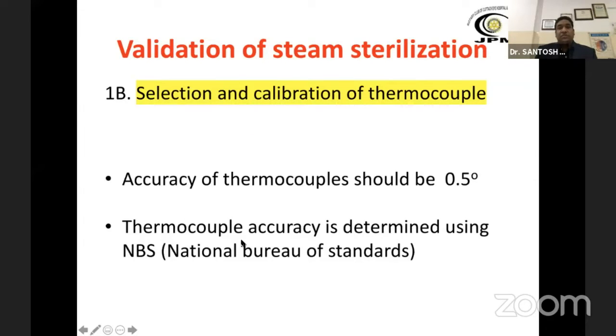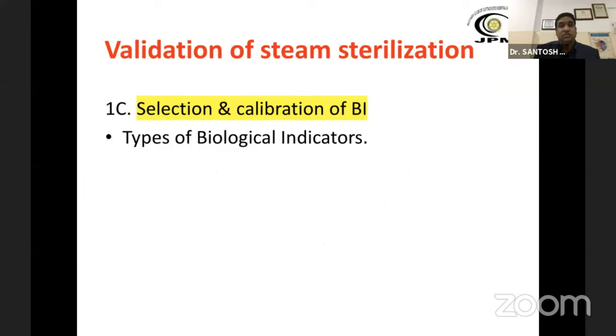The selection and calibration of thermocouples is very important because the accuracy of thermocouples is the backbone on which this validation process depends. An accuracy of up to 0.5 centigrade in thermocouples is needed to validate the sterilization process.